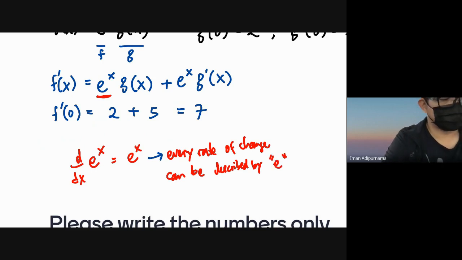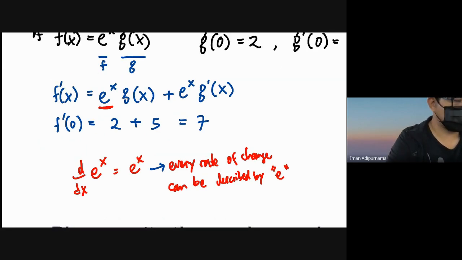Like for example, the temperature, Newton's law of cooling, the populations, and also in finance, everything that has a rate of change, we can describe with E. Okay?